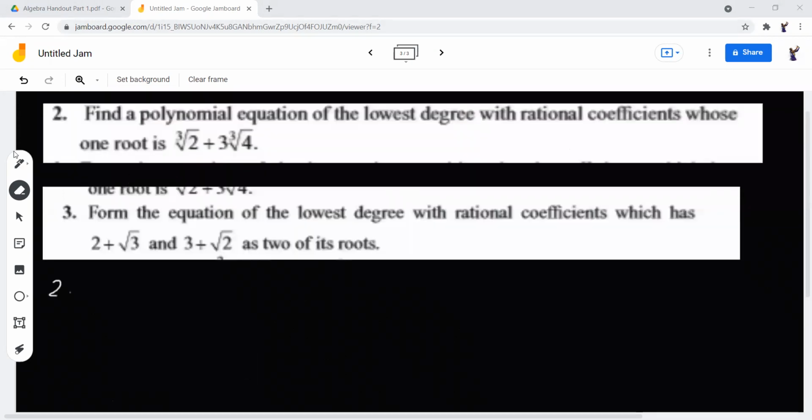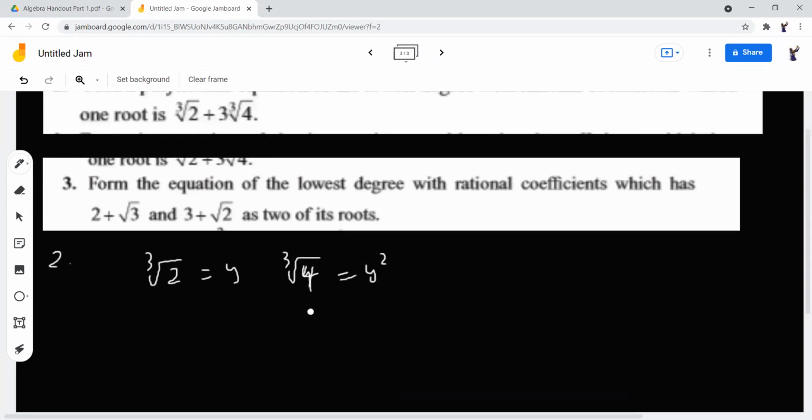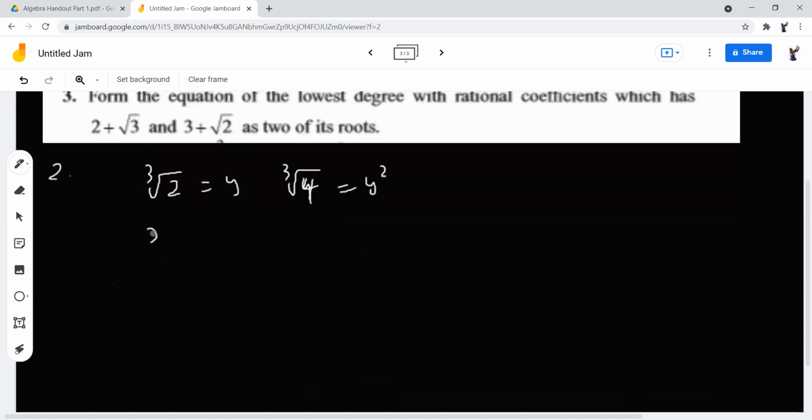Okay, fine. I'm going to solve the second question now. So I have one root as the same thing. I'm assuming cube root of 2 equals y and cube root of 4 equals y square. So x equals cube root of 2 plus 3 into cube root of 4.